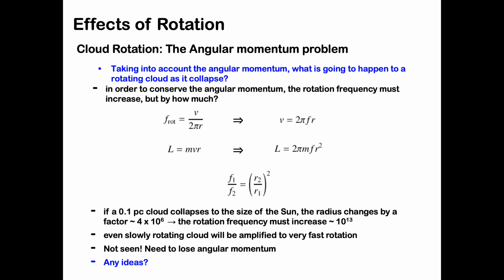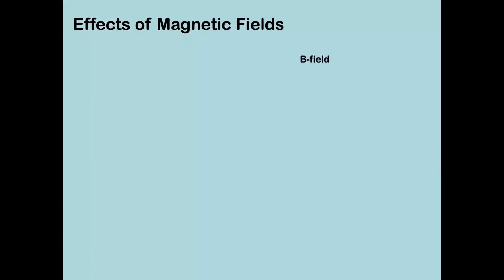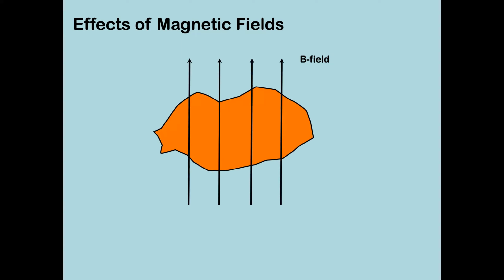Okay, so let's see the effect of the magnetic fields that we completely ignored to be simple and to make sure we could write up a very simple expression very quickly. So we have a cloud and we have magnetic fields. This is a very typical situation. You always have this.